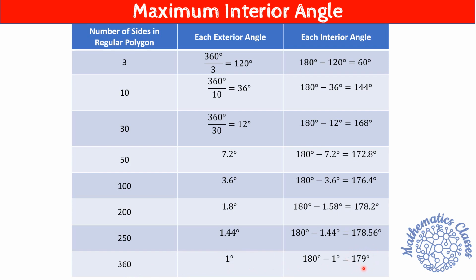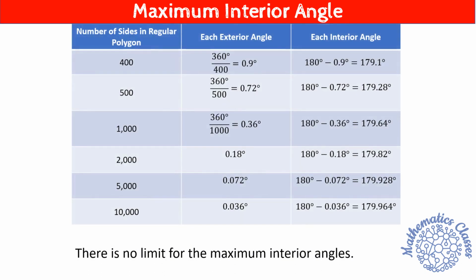But we don't have any limit for the maximum interior angle, as you can further increase the number of sides, and with each extra side you get a smaller exterior angle and a larger interior angle. So we can go on and on, but there is no limit for the maximum interior angle.